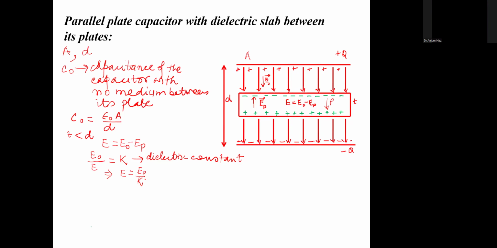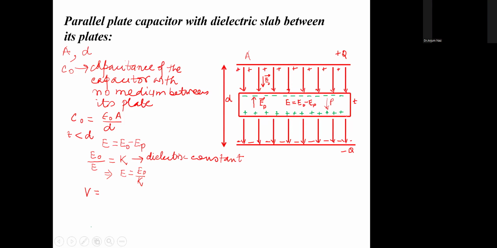So now when this slab of thickness T is introduced between the plates, the potential difference between the plates is given as follows. Field E is in the space of thickness T, while E naught is in the space of the remaining part, that is of thickness D minus T. D is the separation, T is the thickness of the slab.